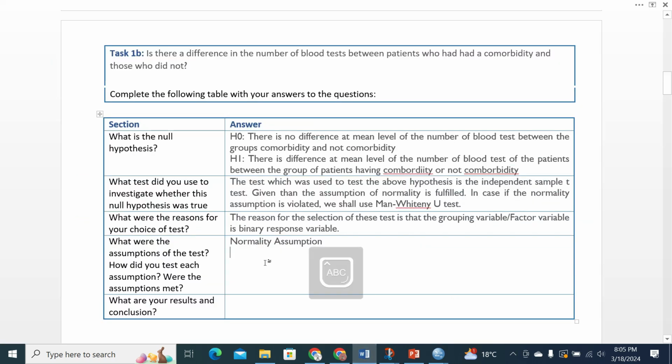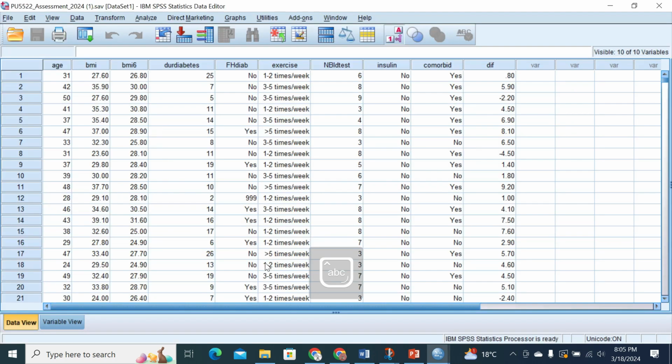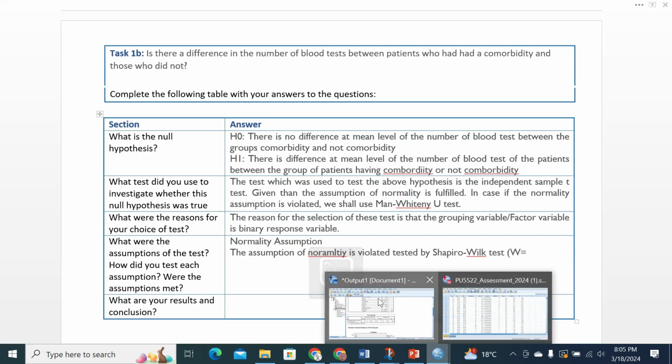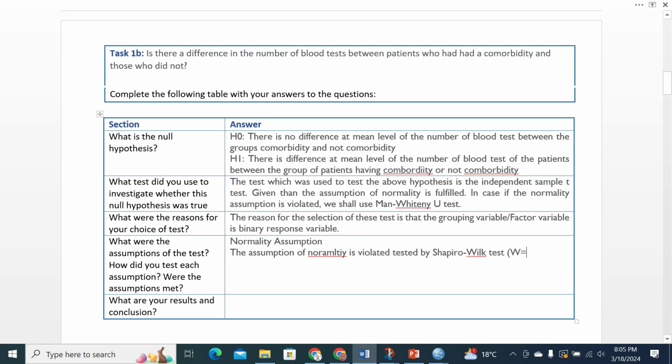We may say the assumption of normality is violated, tested by the Shapiro-Wilk test. The W statistic is 0.033.